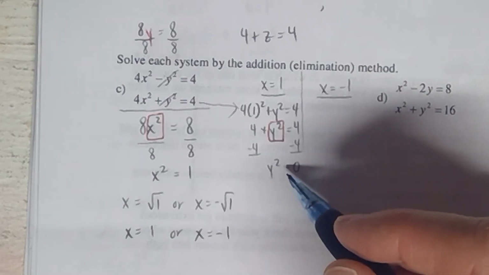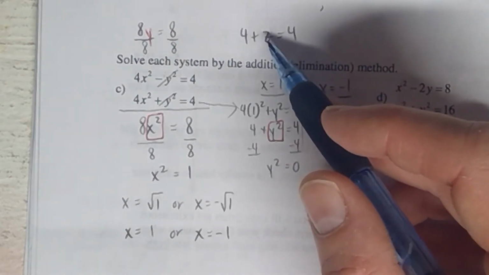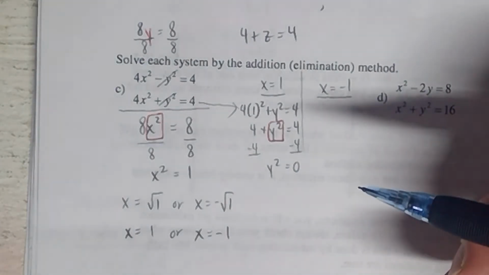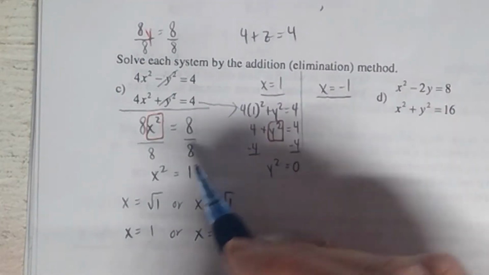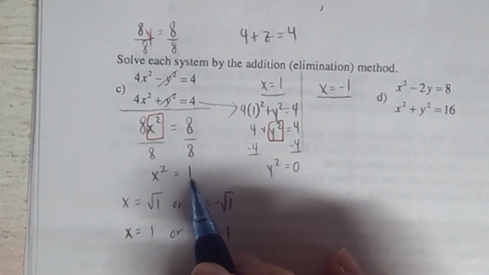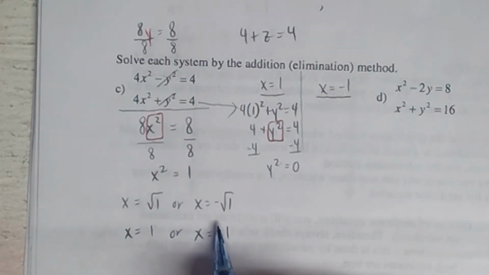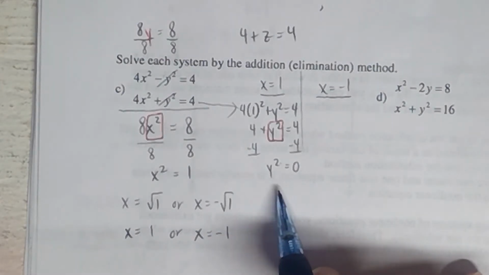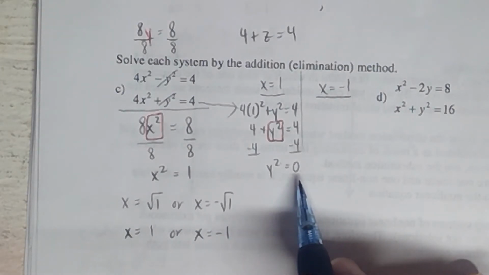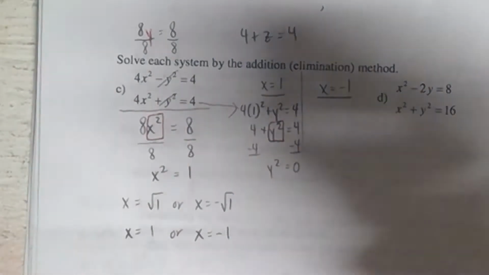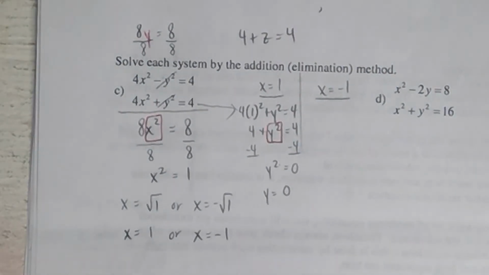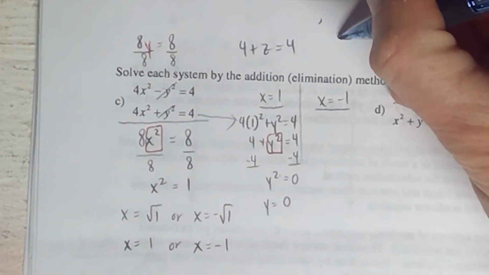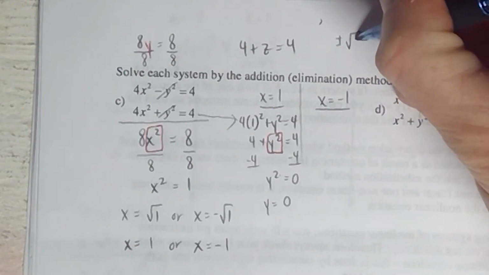You just do the same step that you would do if it was just a normal variable, talking about the y squared. Now that you have the y squared by itself with no variable on the other side, just like I had x squared by itself with no variable on the other side, you do the double square root. So the double square root here would be plus or minus square root of 0. But isn't that just equal to 0, you guys? Because isn't it true that the square root of 0 is 0? I can write it down up here if you're having trouble seeing that.